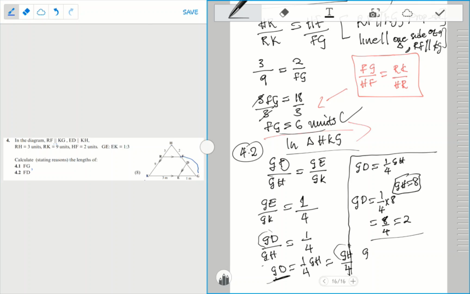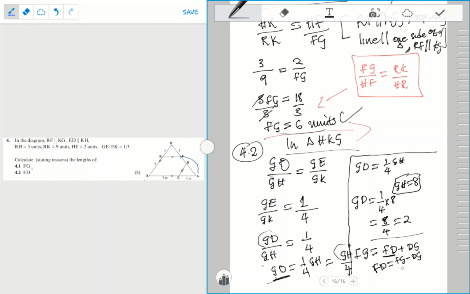Meaning that FG is equals to FD plus DG. And then we're looking for FD. And then FD is equals to FG minus DG.